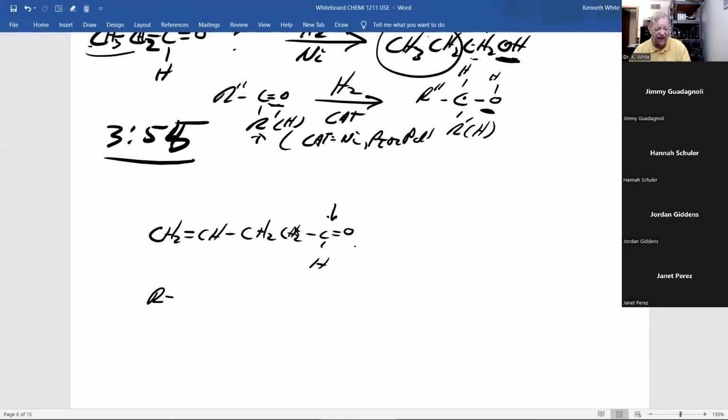And I know the reaction is an aldehyde or ketone reacting with hydrogen and a catalyst. Well, do this, the reaction I just talked about. You break the pi bond between the oxygen and carbon, and each atom of the double bond gets a hydrogen. But I do not want to lose the double bond between carbons.